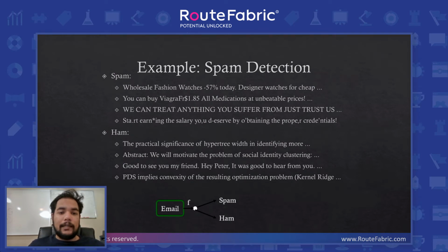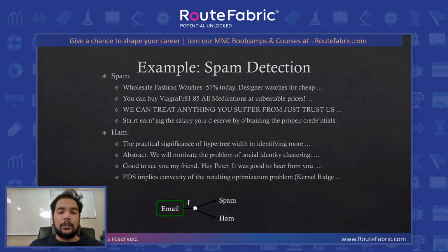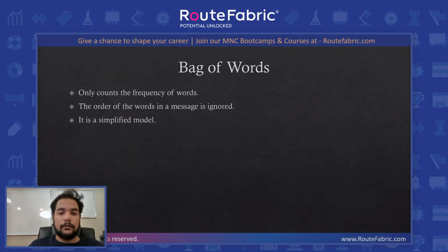An example of Naïve Bayes is spam detection. Spam detection is really useful for email because there are a lot of spams that enter your email. In the example, we can see some of the spams are wholesale fashion watches minus 50% today, designer watches for cheap. The way that Naïve Bayes or any spam detection works is that you create a bag of words.